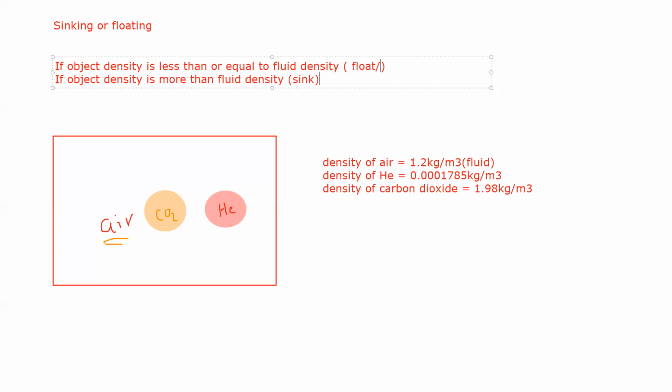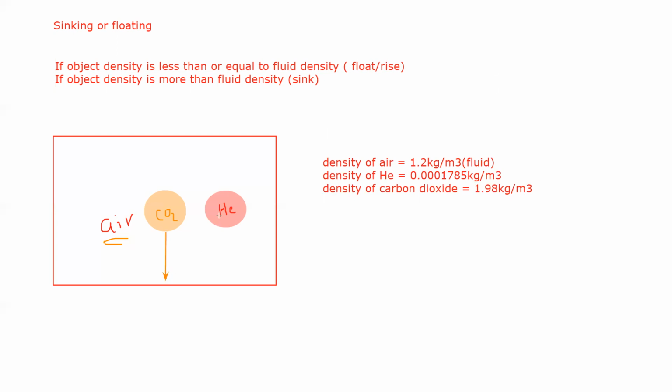If I release the balloon which is filled with carbon dioxide, because the density of the carbon dioxide is 1.98, higher than the air, it will sink, so it will move downward.